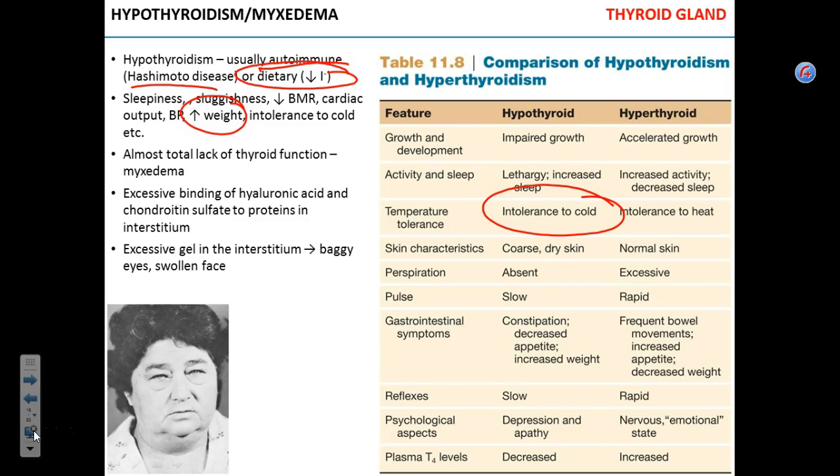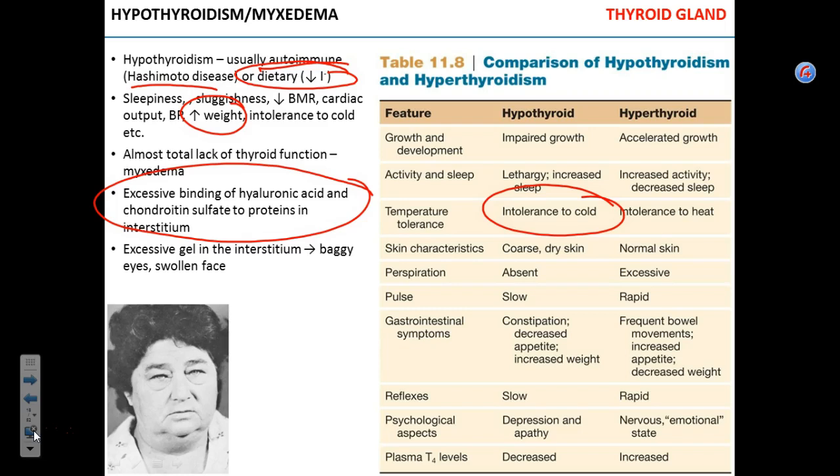In this case, due to the biochemical changes, components of extracellular fluid, chondroitin and hyaluronic acid, bind very excessively to the proteins outside of the cells. And they form a colloid outside of the cells that will retain a lot of water.